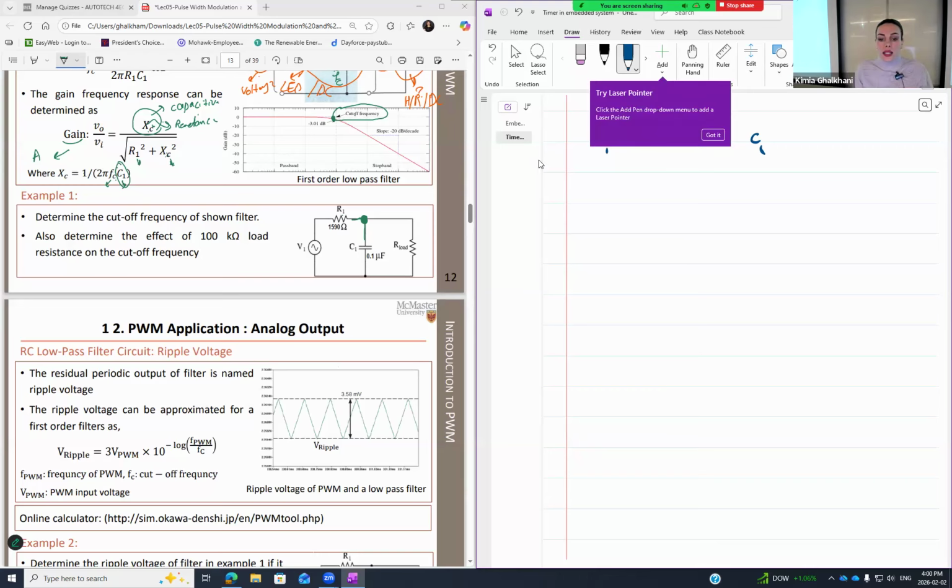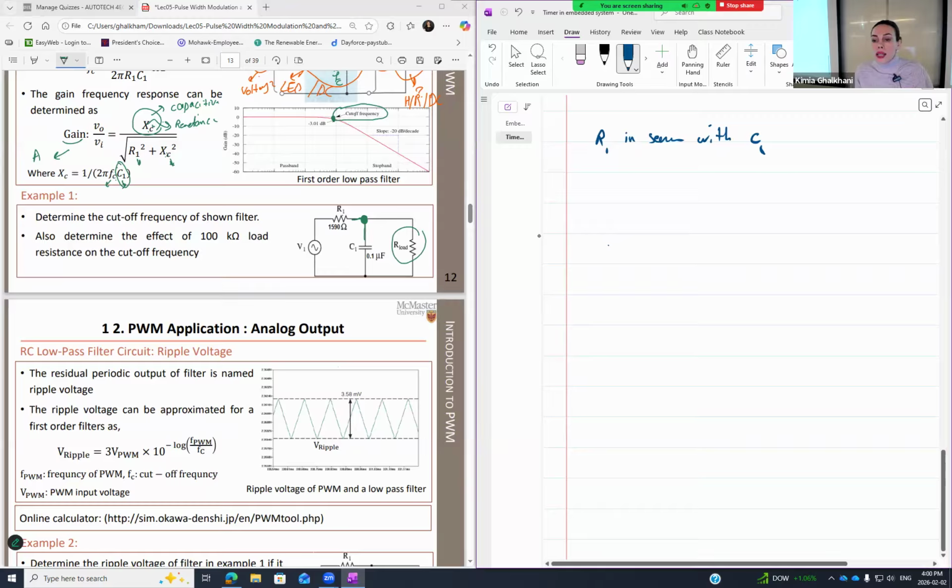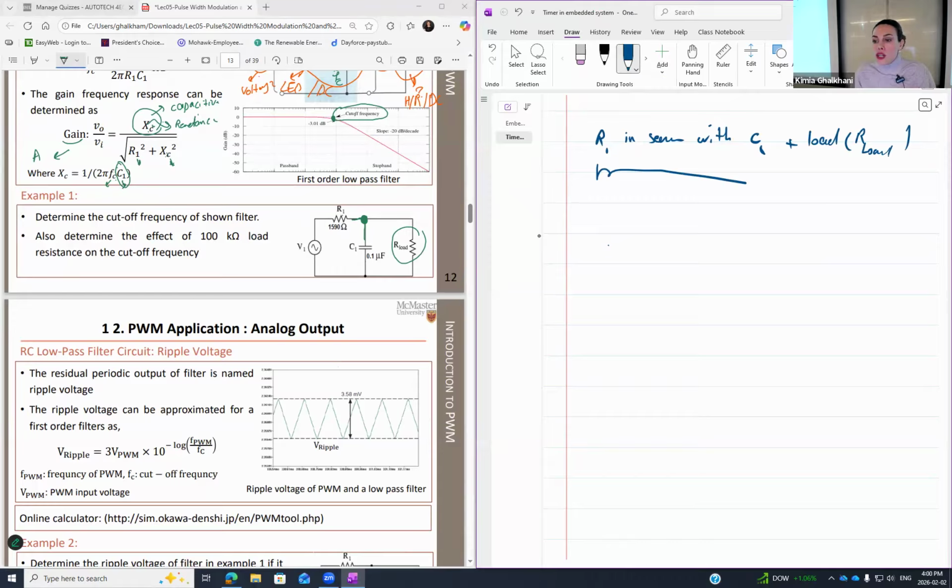So these two are in series connection. And then I'm having a load. Therefore, this is what we call it, plus a load, any load. In this example, that's R load. If I have the combination of these three components, this is a standard circuit. We always call it first order.